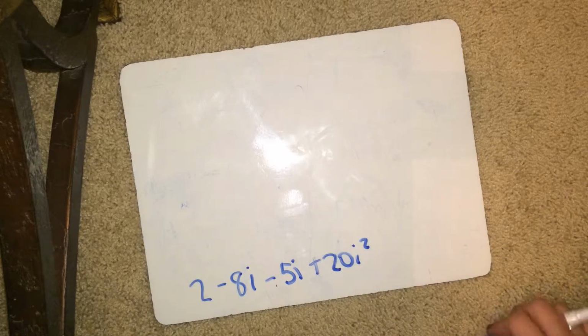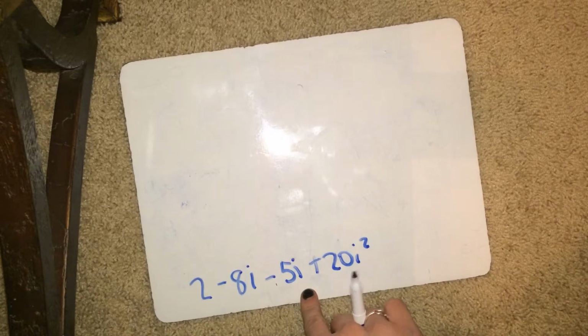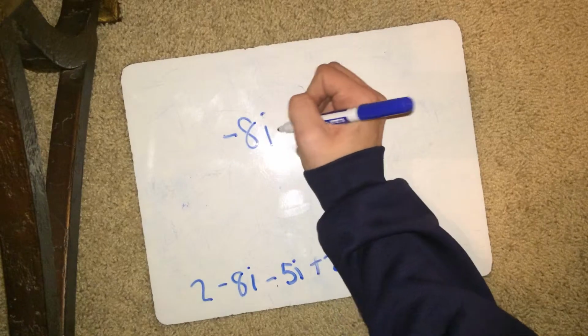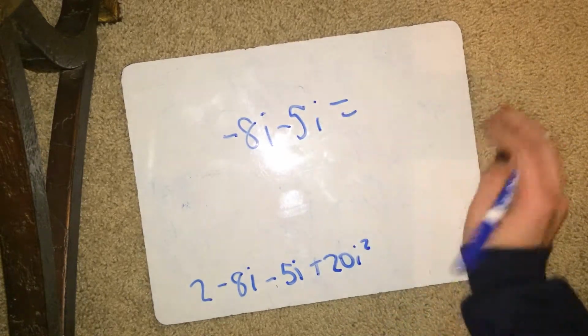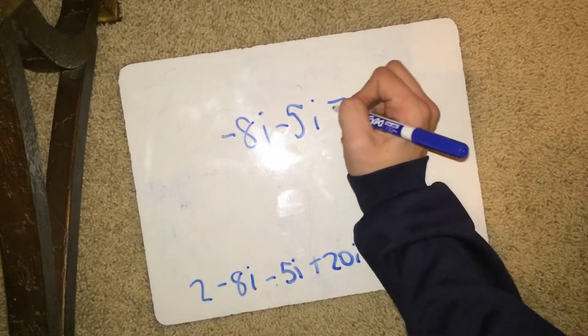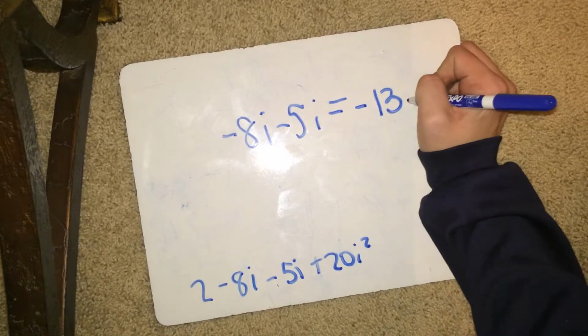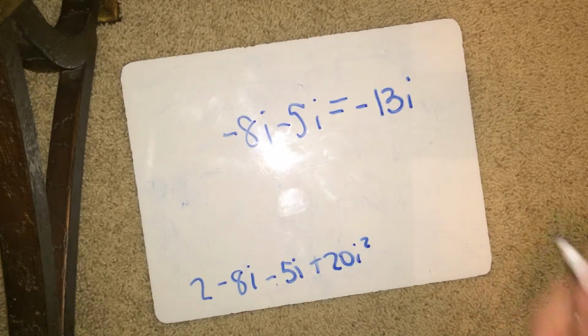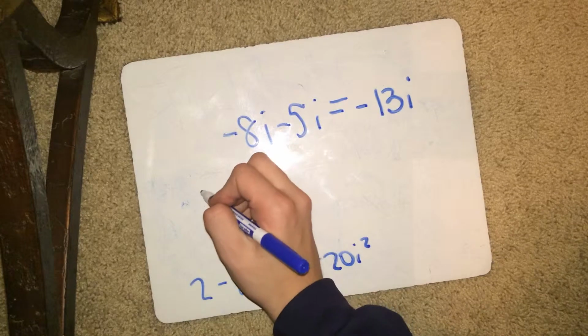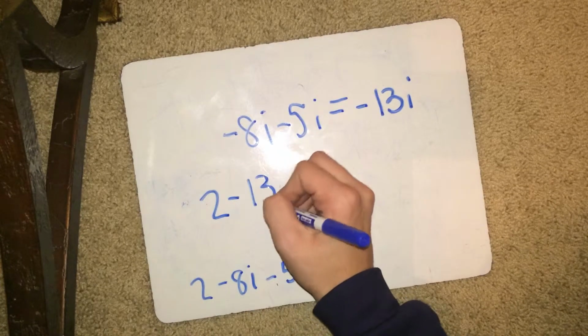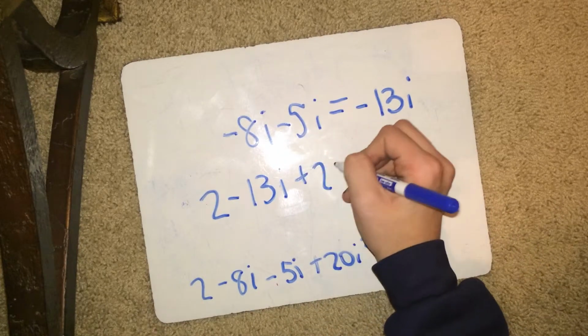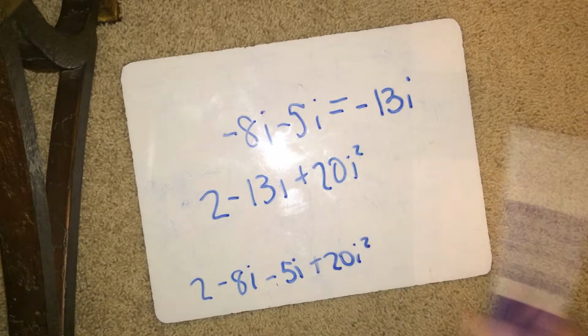The only terms that you can combine right now are the i and the i. So negative 8i minus 5i equals negative 13i. So that brings it to 2 minus 13i plus 20i squared.